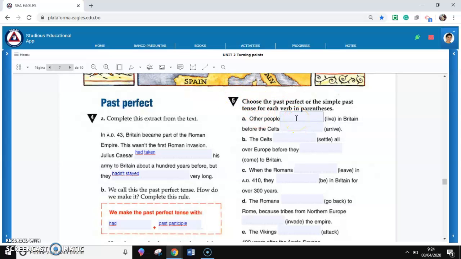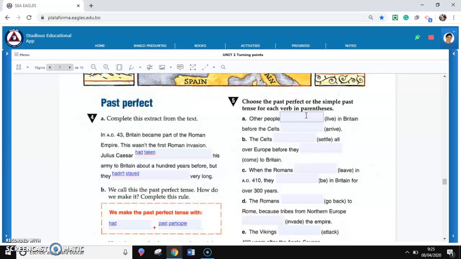Number 5. Choose the past perfect or the simple past tense for each verb in parentheses. So we need to choose whether the sentence is in the past simple tense or in the past perfect tense. And we're going to try to remember the reading, The Invaders. So letter A, other people lived in Britain before the Celts arrived.